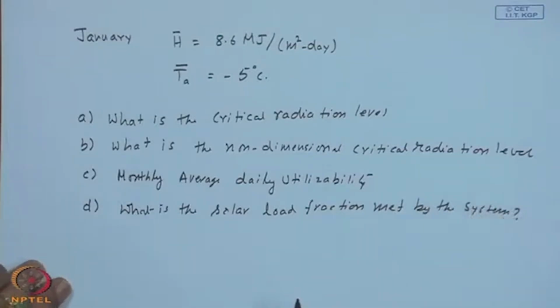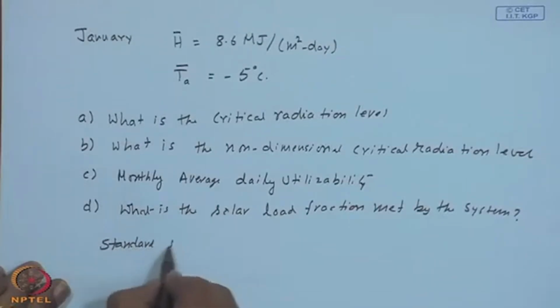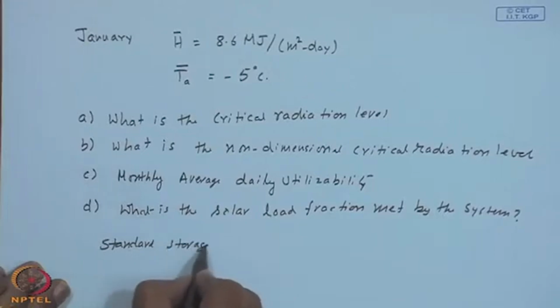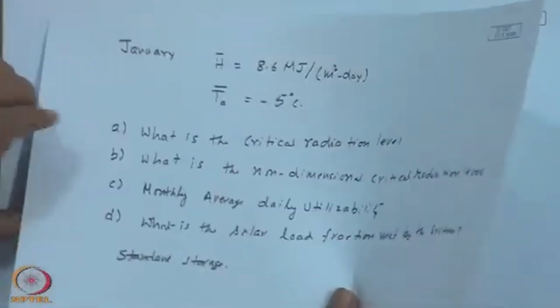Have I forgotten anything? Yes, I think let us assume standard storage. It is 350 kilojoules per degree C. These are one by one we try to calculate.